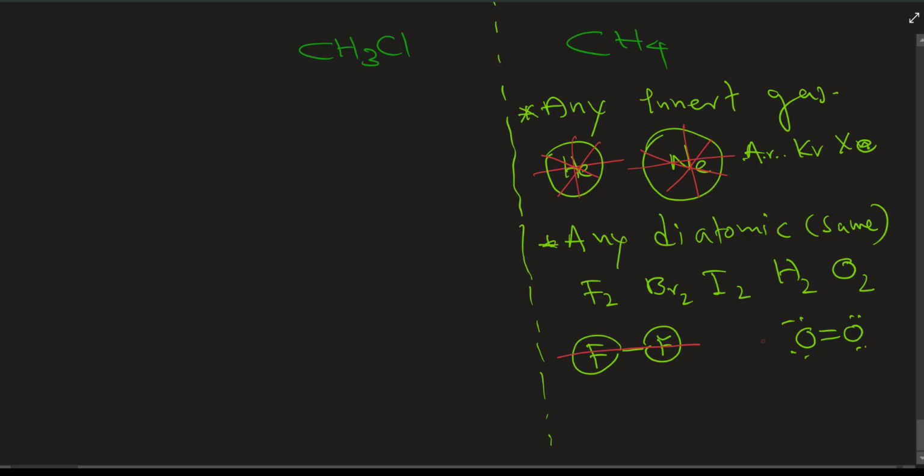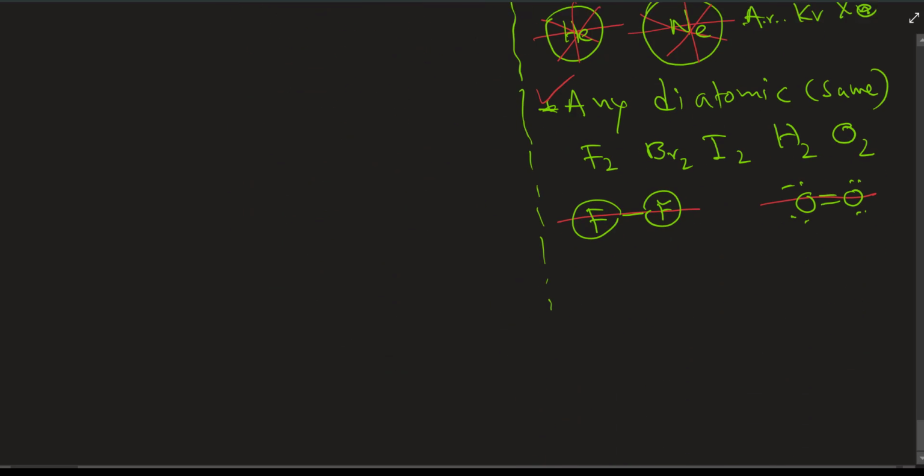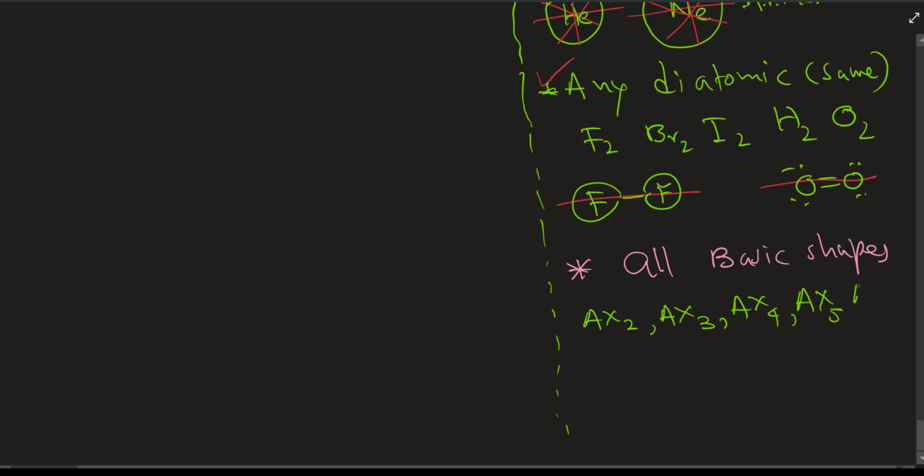So one ball, or one sphere, has many symmetries, and then if it is stuck by two balls with a stick, that would be having a symmetry too, right? So that's the idea. So monoatomic, diatomic, and then all basic shapes, all basic geometries.